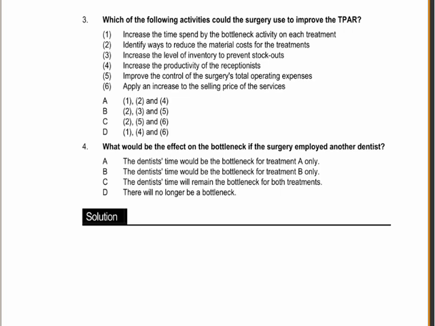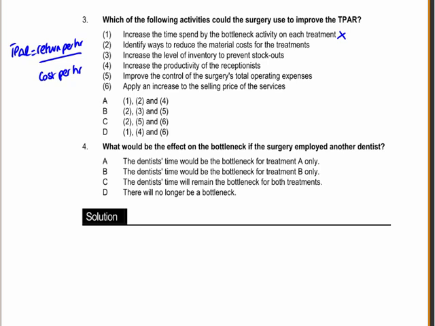The throughput ratio is the return per hour divided by the cost per hour. So increase the time that the bottleneck spends on the treatment. Well, if we do that, then that is going to decrease the return per hour, so that is not going to improve the throughput ratio.